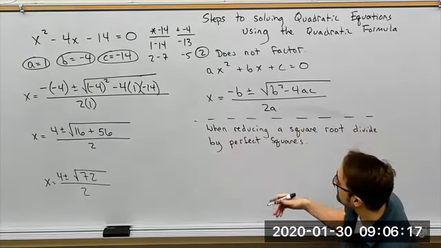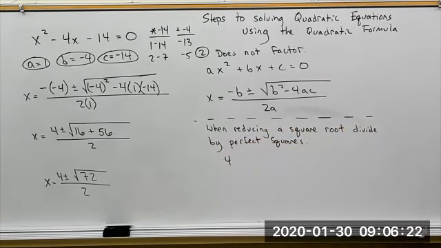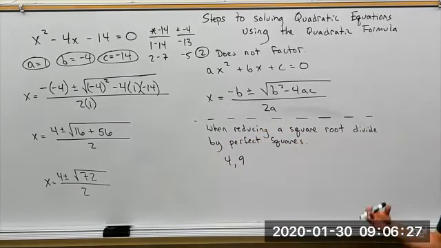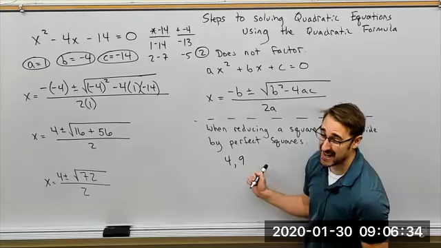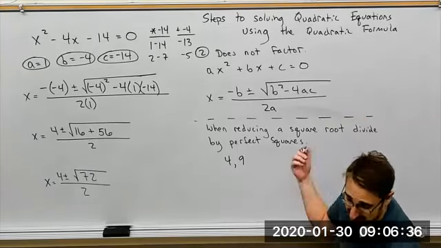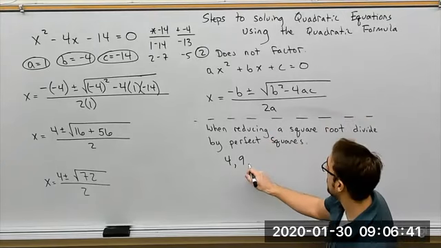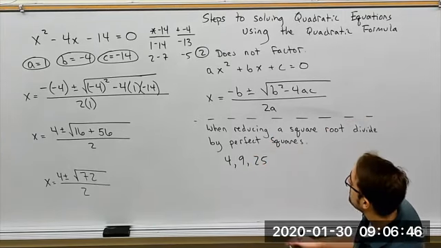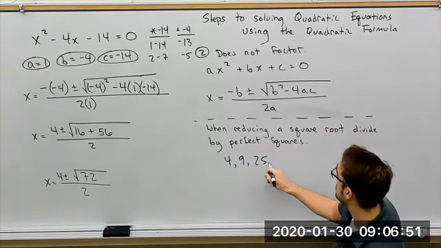The perfect squares: 4. 4 is a perfect square because 2 squared is 4. 9 is a perfect square because 3 squared is 9. Now 16 is a perfect square, but 16 is also divisible by 4, so I'm not going to add it to the list because you're already checking 4. 5 squared is 25. 6 squared is 36, but 36 is divisible by 4 and 9, so I'm not adding it to the list.